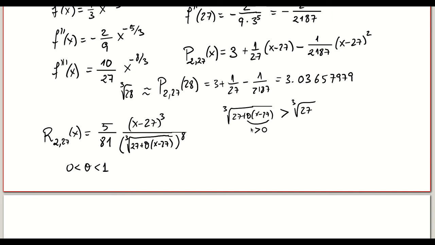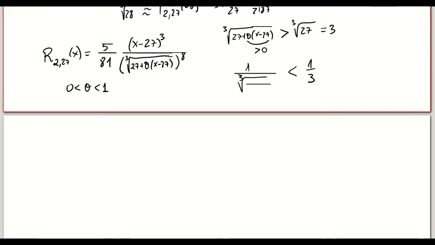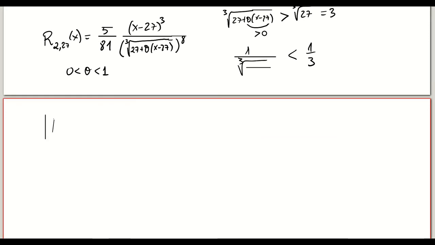Even if we ignore the value of theta, we know that theta is positive, and this number is 3. So 1 over this cubic root is smaller than 1/3. So 1/3 is an upper bound to the 1 over the cubic root that you have here. So we have to raise this to the 8th power, and then we have our upper bound.